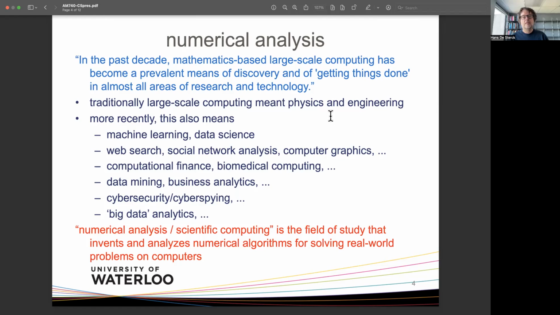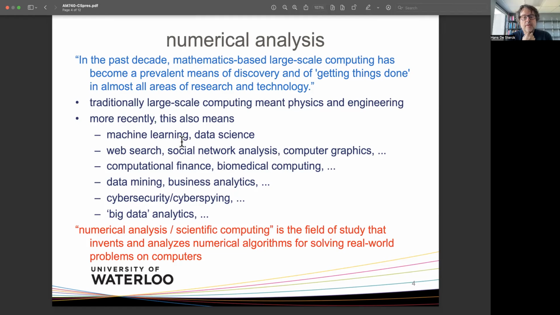In the past decade, mathematics-based large-scale computing has indeed become a prevalent means of discovery and of getting things done in almost all areas of research and technology. Originally, numerical analysis focused on problems from science, physics and engineering, but more recently there are many more applications, for example machine learning and data science, where there is a lot of numerical computing to train your neural networks and evaluate them.